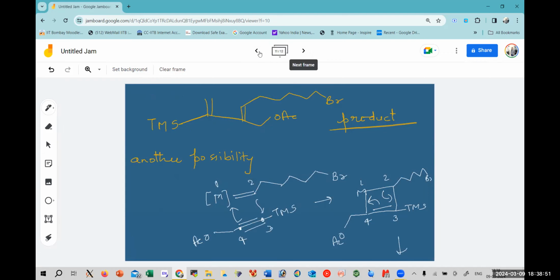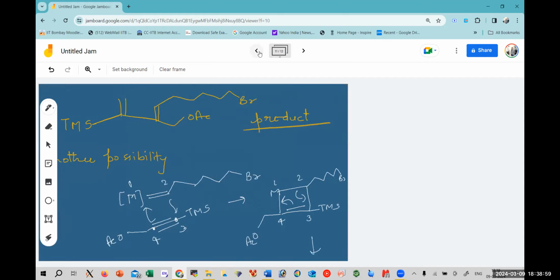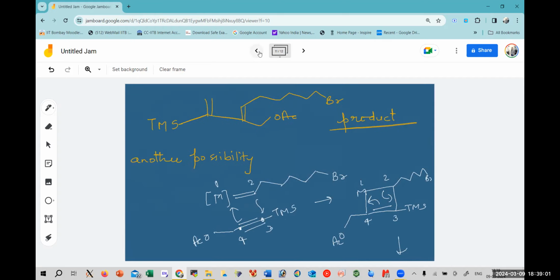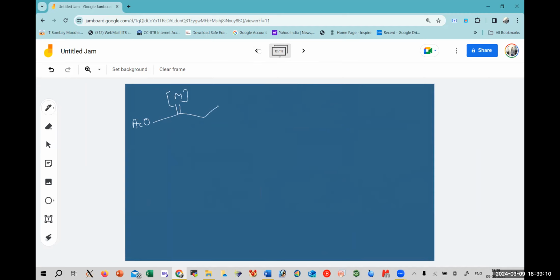So it is OAc, double bond metal. There's a single bond and it is making a double bond.